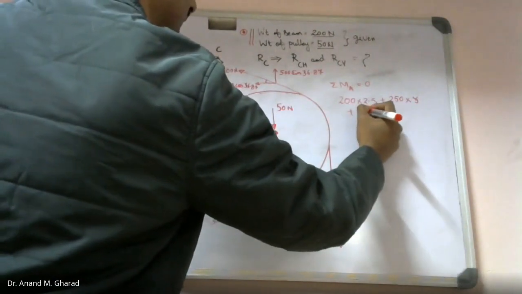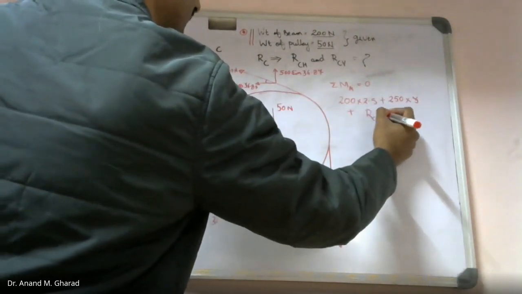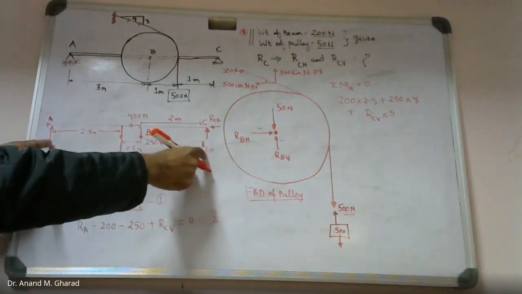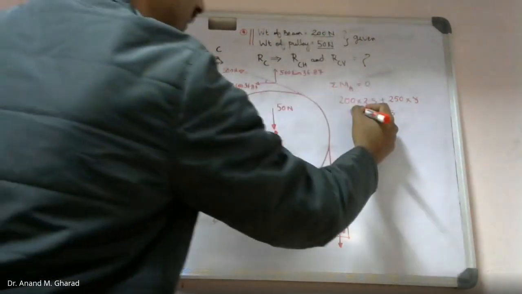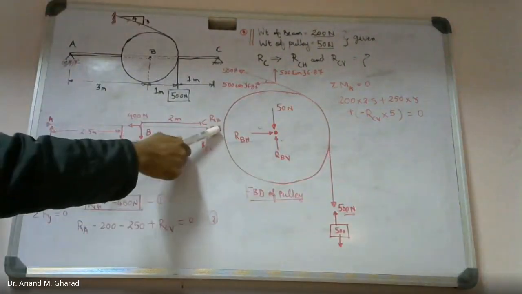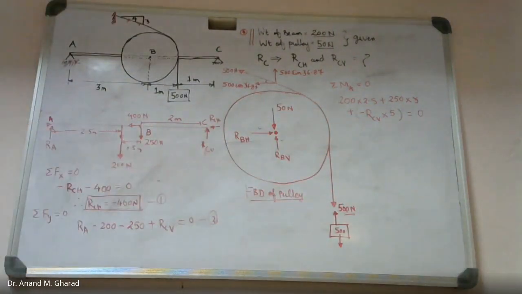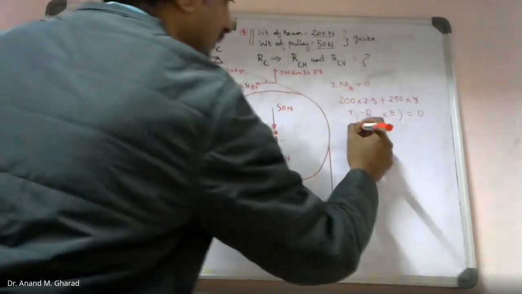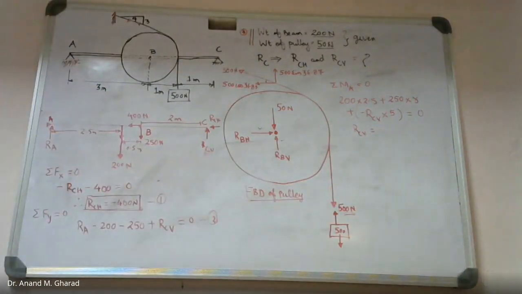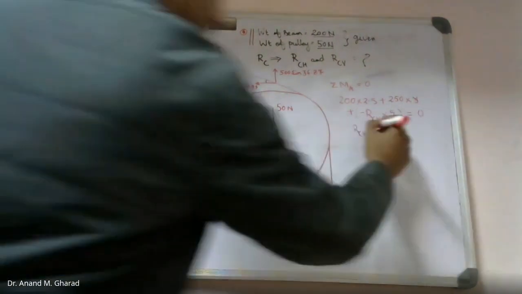Then RCV into 5, and it is rotating in the anti-clockwise direction, equate it to 0, because RCH will again pass through point A. So from this equation, what do we get? RCV. How much do we get? Very quickly, let me know. 250 Newton. Okay.